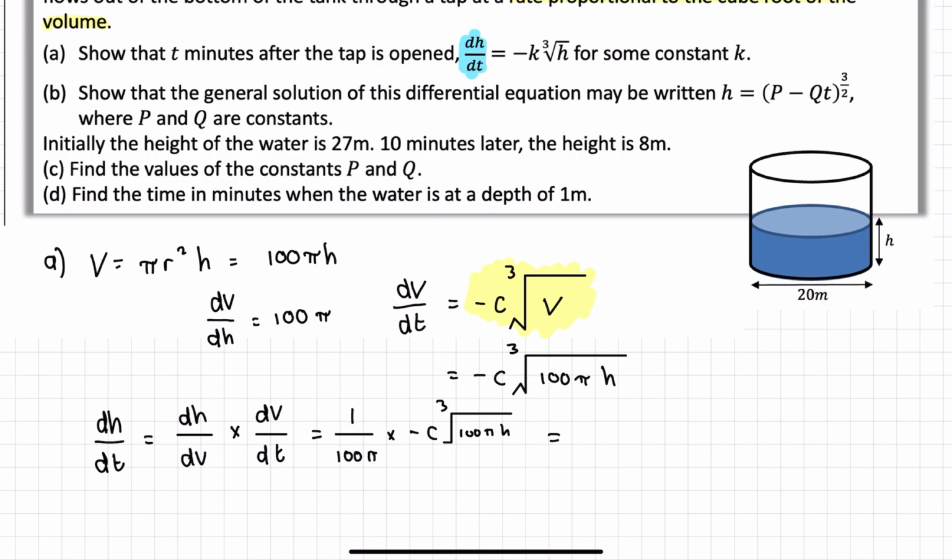So the final answer is minus C cube root 100 pi h all over 100 pi. Okay, and we want to find out what the k constant is.